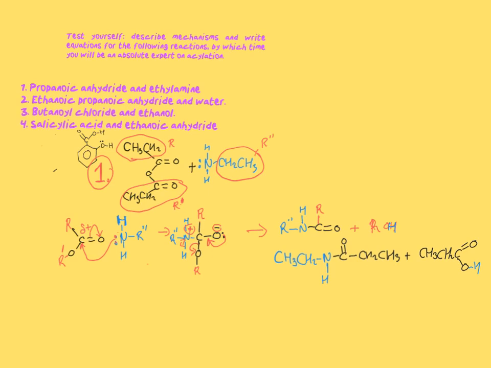So the products of the reaction are an N-substituted amide, N-ethyl propanamide, and propanoic acid. The final step is to write out a balanced equation for this nucleophilic addition elimination reaction.